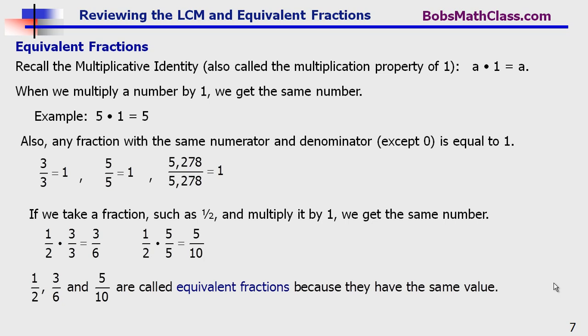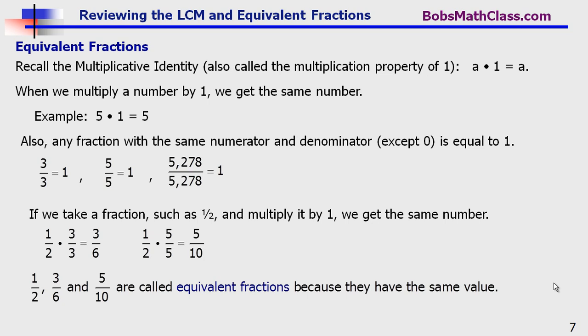So 1/2, 3 over 6, and 5 over 10 are all called equivalent fractions because they have the same value. Think about a percent. If you got 1 out of 2 right, you got 50%. 3 out of 6, 50%. 5 out of 10, 50%. The fraction most simplified is 1/2.